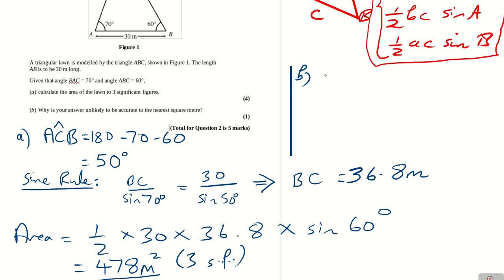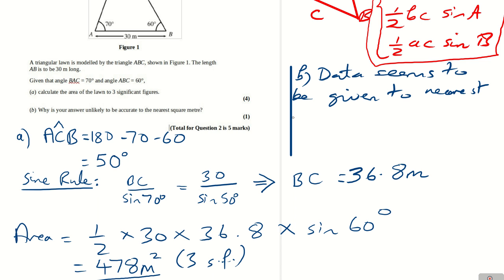The first reason is our data seems to be given to the nearest 10 metres, because it's just 30 and the angles look like they're given to the nearest 10.